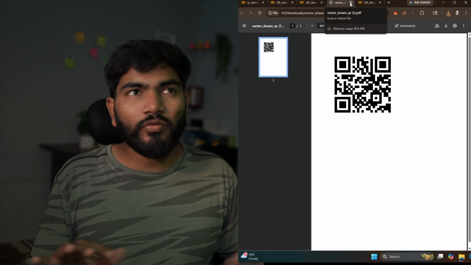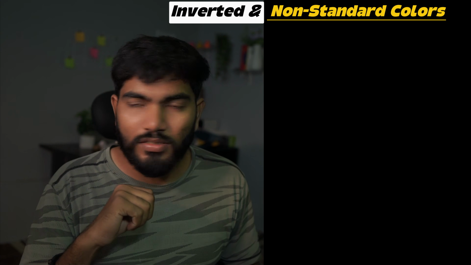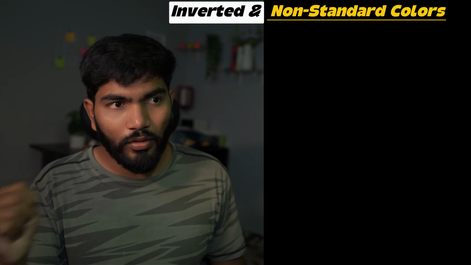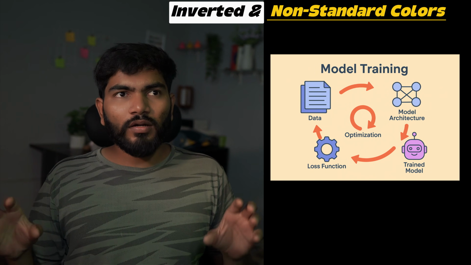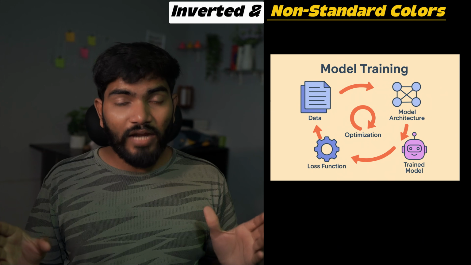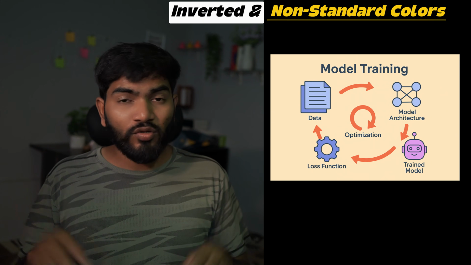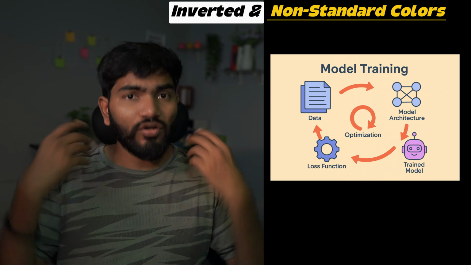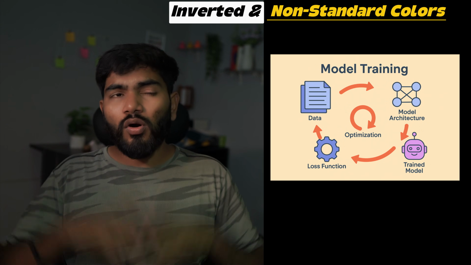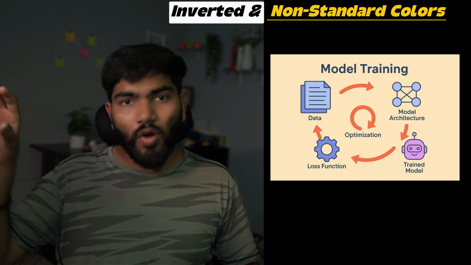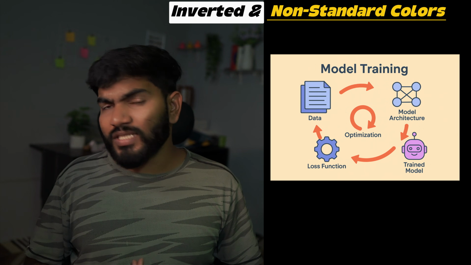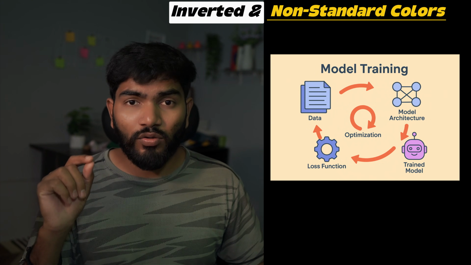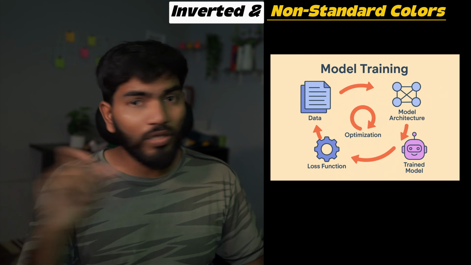Now let's talk about the fourth method of the bypass, which is inverted and non-standard colors for the QR code. If you remember, the AI models that we train, or companies train, to detect certain things inside images, or let's say a screenshot of the email, are all trained on a set of data. And if you see the QR code generation process, traditionally we use black color for the QR code, right?